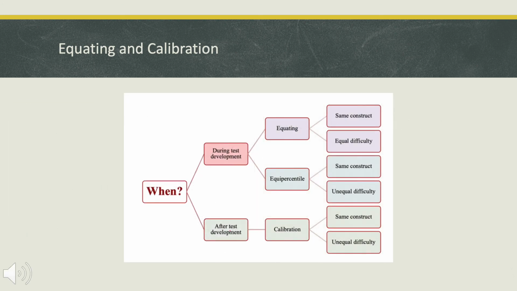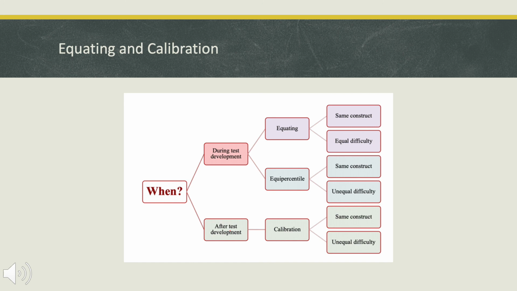Okay, the last thing I want to talk about is equating versus calibration. Like I mentioned in the previous slide, there is the linking continuum, and equating has the most strict requirements for equivalence, and then less equivalent conditions involve calibration. In calibration, tests are compared that measure the same construct. We're still measuring the same construct, but in calibration, they can vary in design or difficulty.